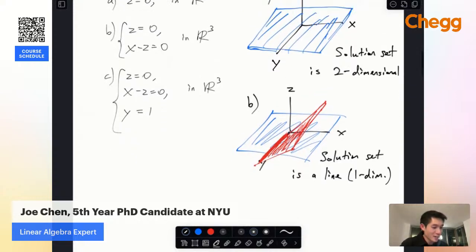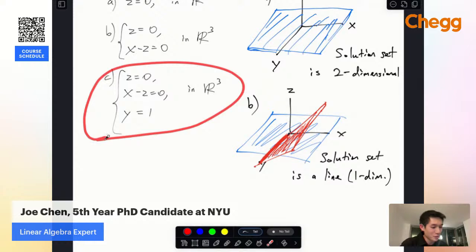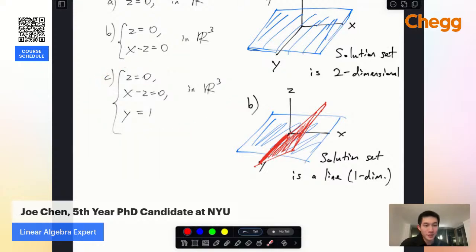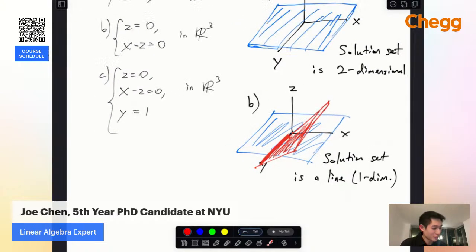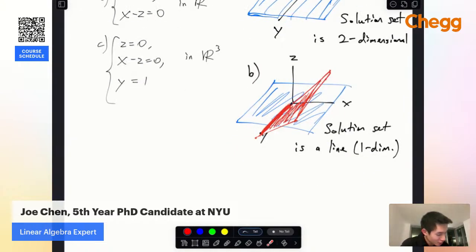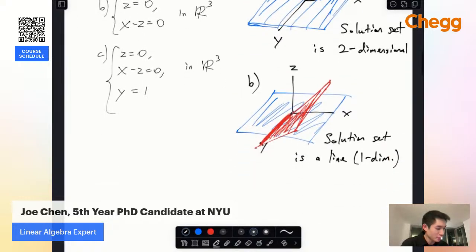And so any guesses as to what the solution set for part C would look like when there's three equations? Well, the pattern still holds. With three equations, the solution set will end up being a single point.